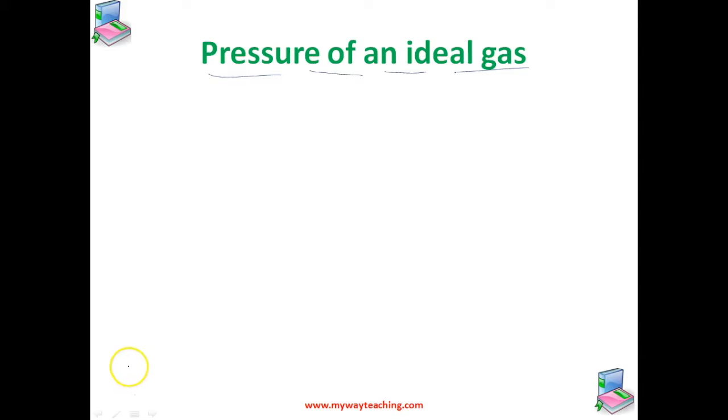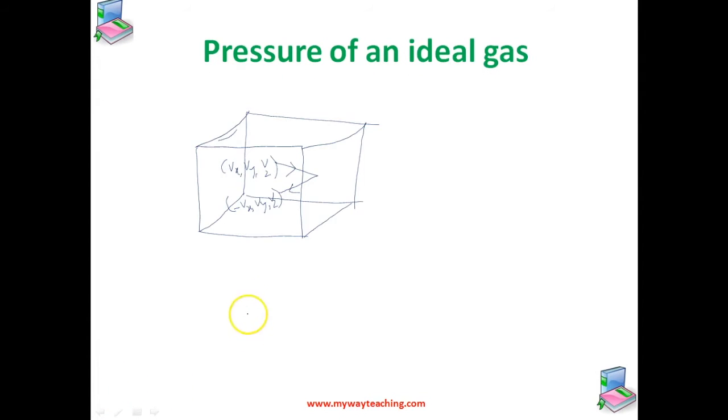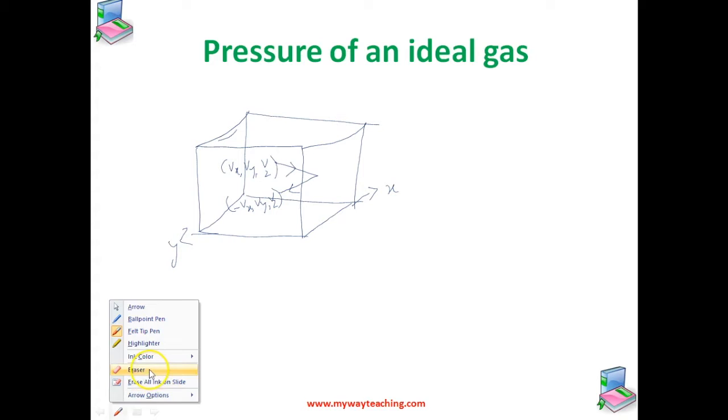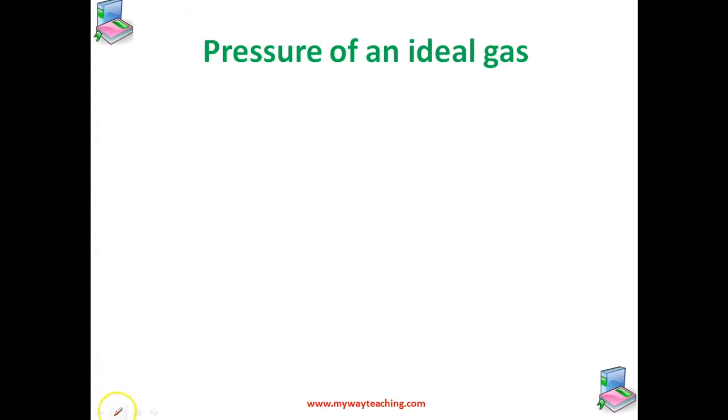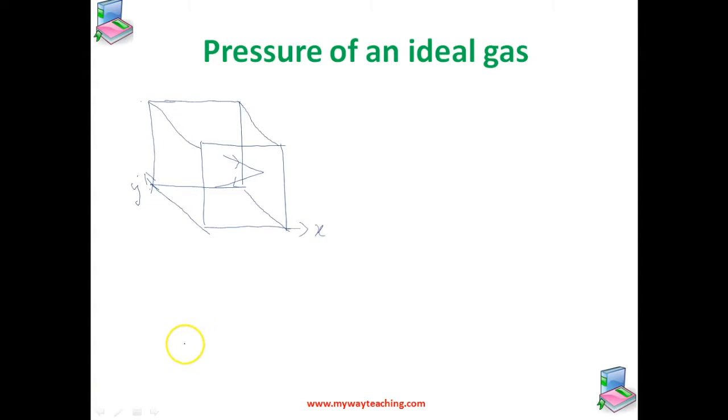Consider a gas which is enclosed in a cube of side L. As you can see, consider a cube of side L. This is X, this is Y, and take the axes parallel to the sides of the cube. Like here I have taken the x-axis and y-axis.